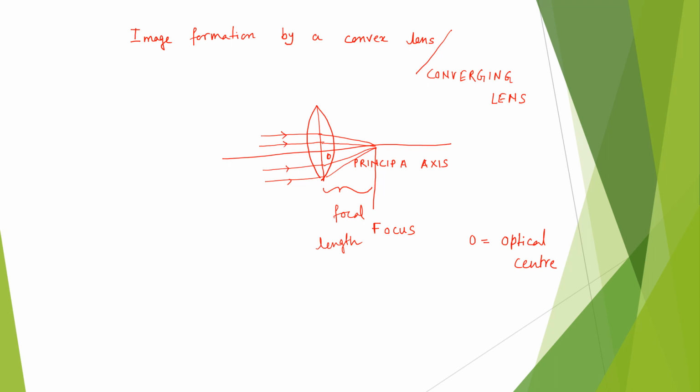We have seen the parts: principal axis, optical center, focus, focal length of a convex lens. So now we will see some more cases of image formation by a convex lens. We know that the distance between the lens and the object is the determining factor which determines the nature of the image.